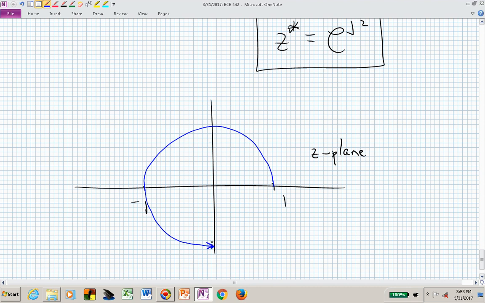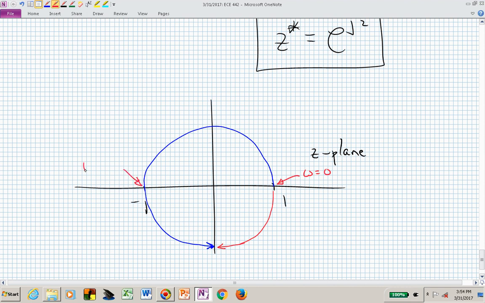But that's the same as going to that point in the other direction, or going in this direction by an angle of 90 degrees. So what we've seen in this discussion is that this frequency is DC, or 0.